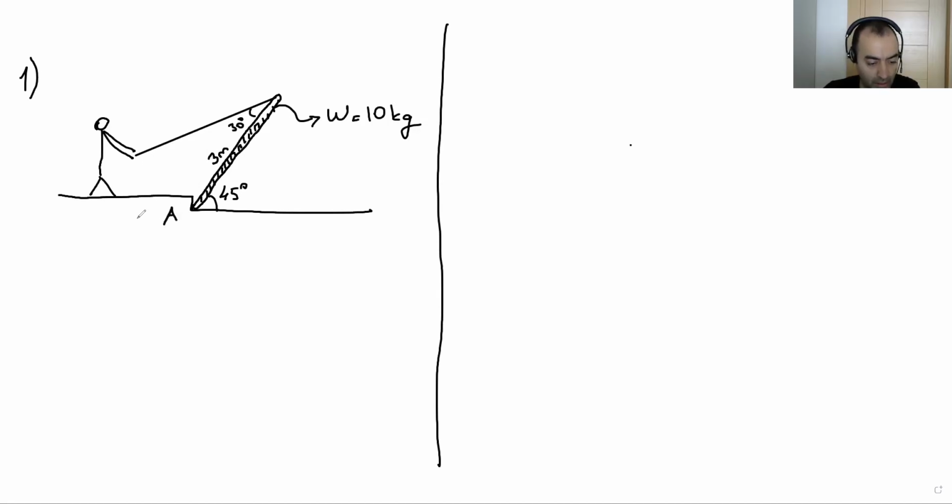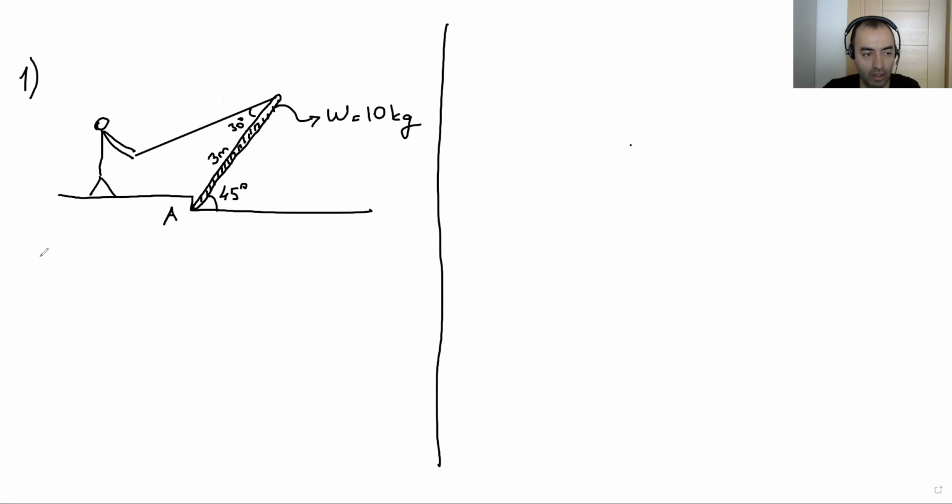Here, the question is, under all these given data in the sketch, this system is in balanced position.